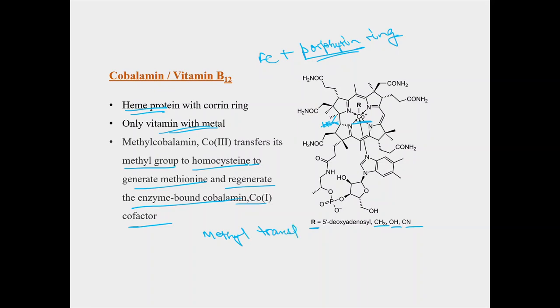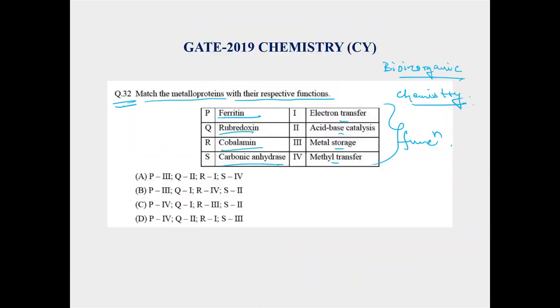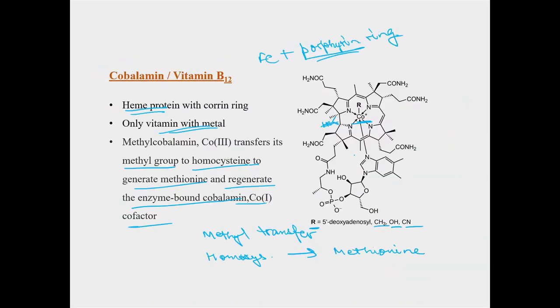Since by transferring the methyl group to homocysteine, they can make methionine. So the function of this among the given options will be methyl transfer, right?